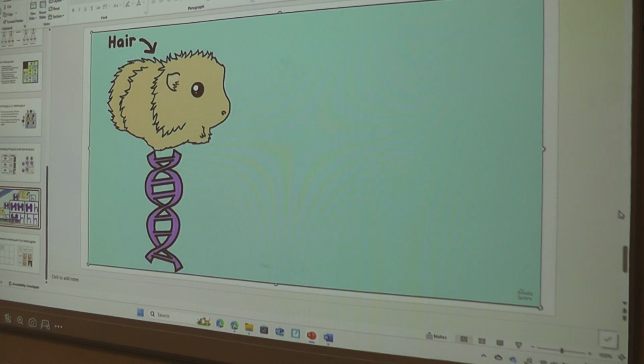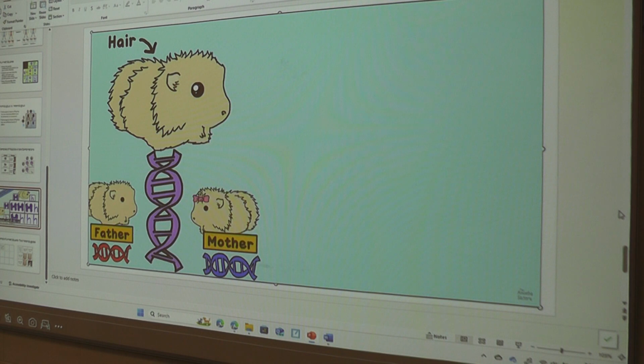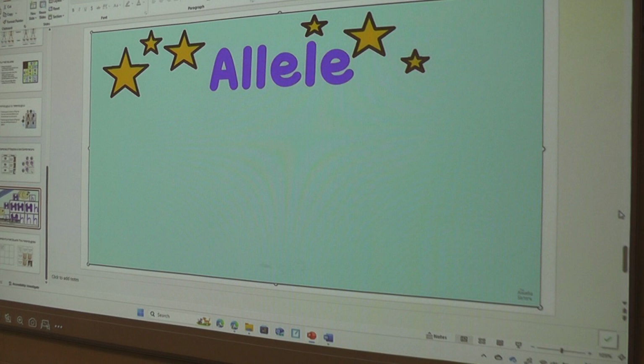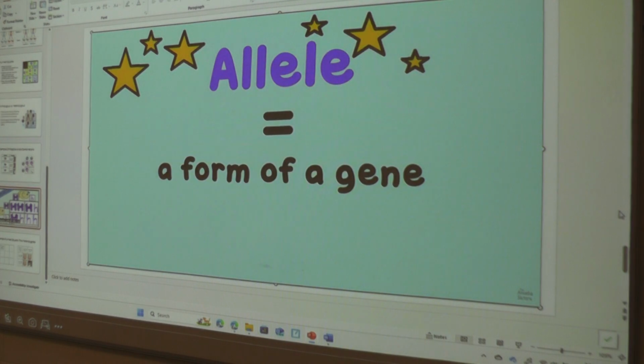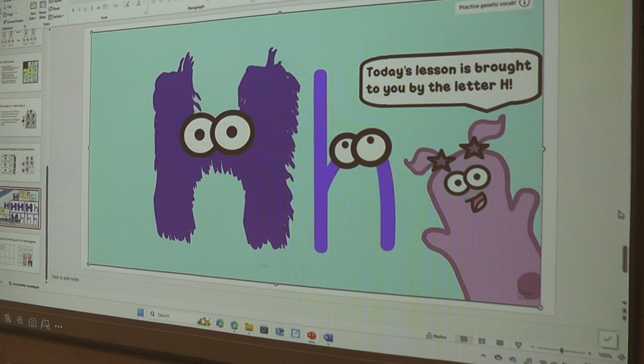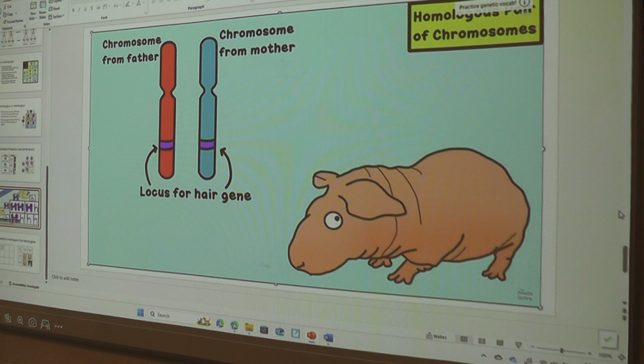Most guinea pigs have hair. This is because of their DNA. DNA makes up genes, and the guinea pigs received genes from both their mother and their father. An allele is a form of a gene, and often represented by a letter. In this case, we'll use the letter H for hair. A hairless guinea pig has two recessive alleles for the trait of having or not having hair.